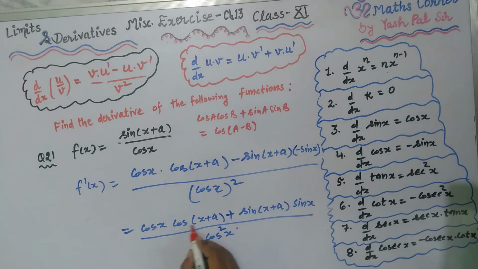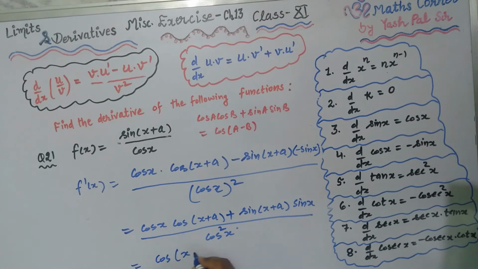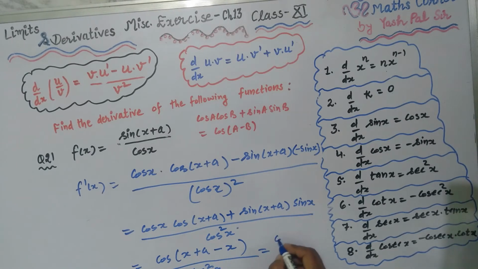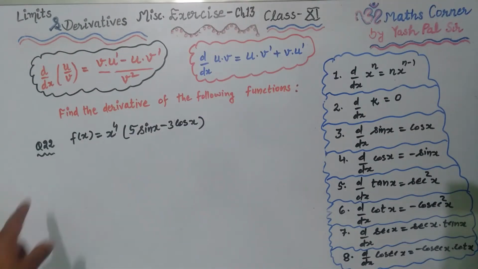What is a? a is x plus a. So what we write now here, this is equal to cos of x plus a minus x, divided by cos square x. So this is equal to cos a divided by cos square x, right?